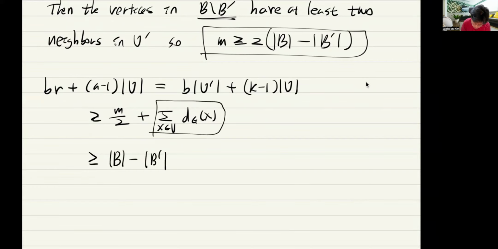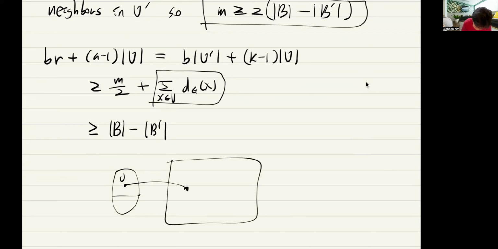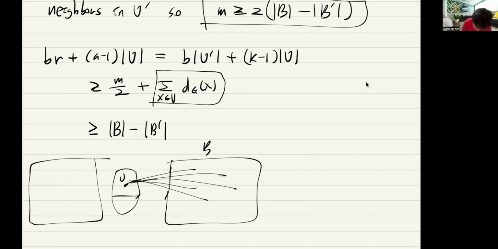And for this, what do you have? Each vertex in U sends at least one. So say B here, it sends some edges, and A here, it sends some edges. You add all of them. So for this part, that's a lower bound.